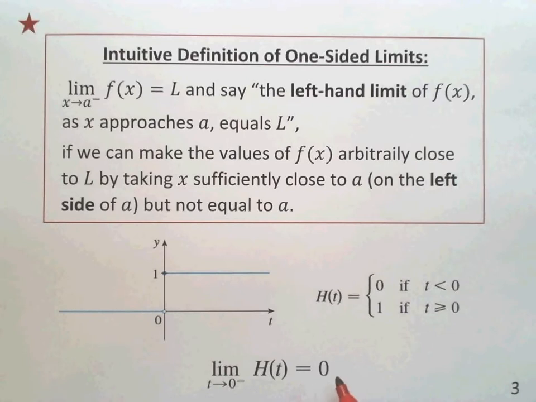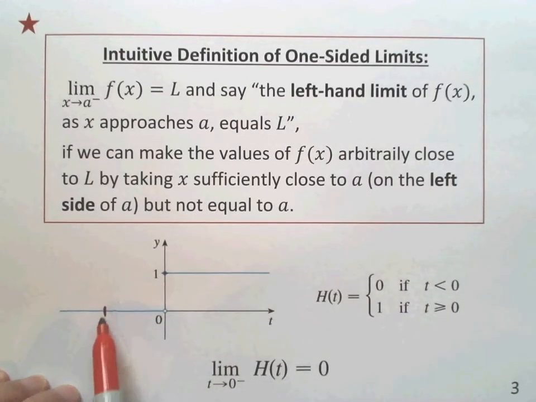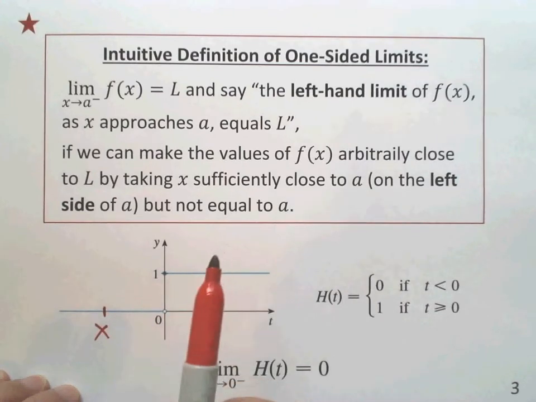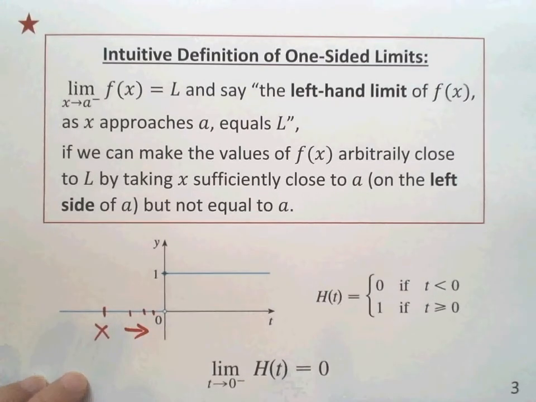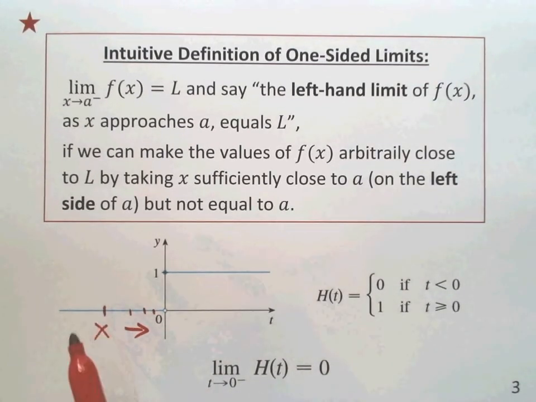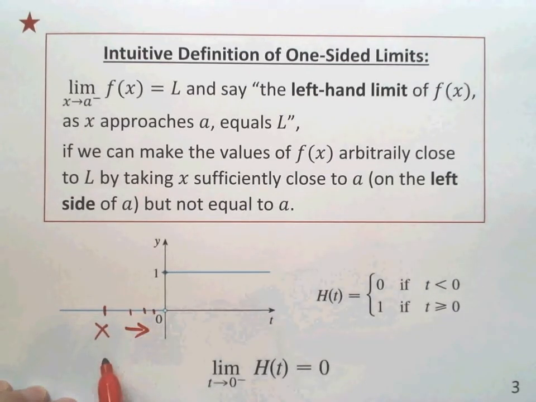So the limit is 0. Why? All we need to do is look only at the left side. If x is here, or here, or here, whatever, approaching 0, you take x and look at h(x). This is not f, this is h. h(x) equals 0.